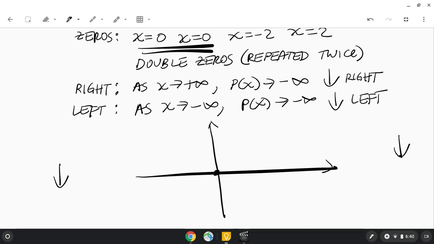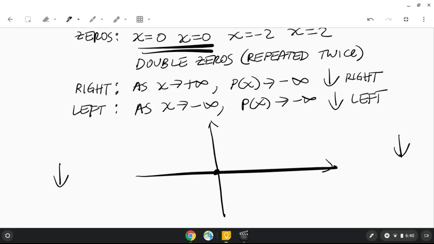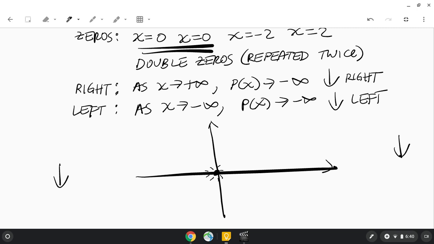So I'm actually going to highlight it, and you can do the same with your graphs so that you can keep track of where your repeating zeros are. And then we have one also at -2 and another one over here at +2.